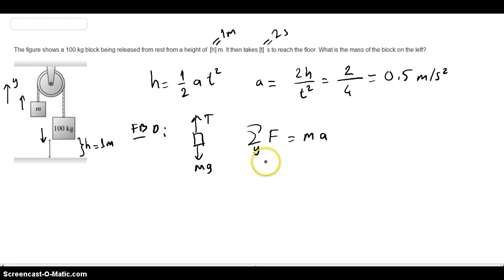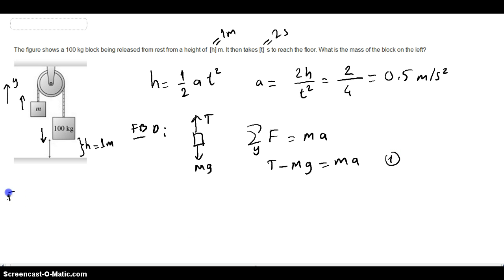Since T is upward, it's positive, and mg is downward, mg will be taken as minus, and this will be equal to m times a. We don't know what T is, and we don't know what m is, so we have two unknowns, obviously. But let's call this the first equation.